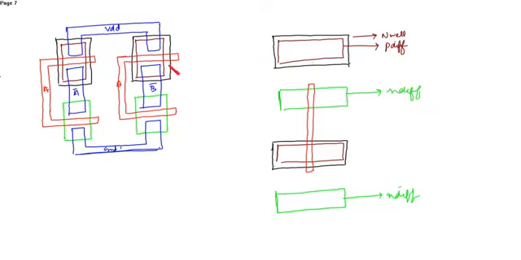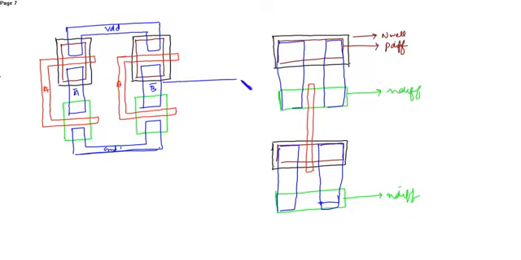So before drawing that, form the inputs and outputs. This is input and this is output, and this is the input and this is the output. So this B bar is connected to this directly, then B is connected to here.